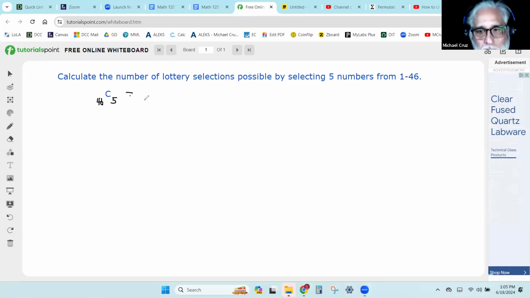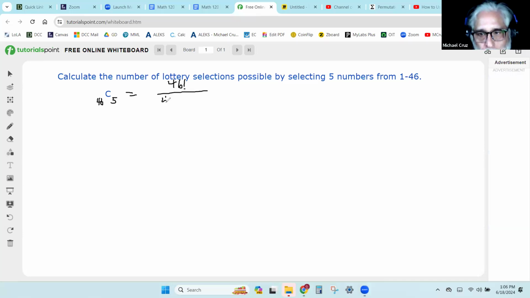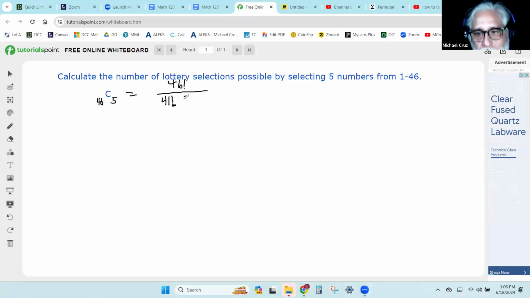All right, and then the way it's going to be is doing by hand can be a pain in the neck sometimes, and it's hard to tell which ones. So 46 minus 5 is 41. And then we got the 5 factorial.